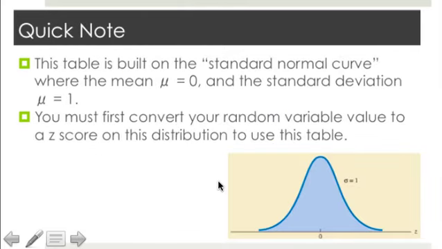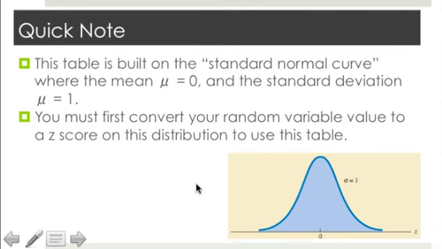A quick note, this table is built on what we call the standard normal curve, where the mean is 0, so the center here is at 0, and the standard deviation is exactly 1. Anytime you're trying to use the standard normal tables that we talk about in this course, you first have to convert whatever value that you have for your random variable to a z-score that has a mean of 0 and a standard deviation of 1.